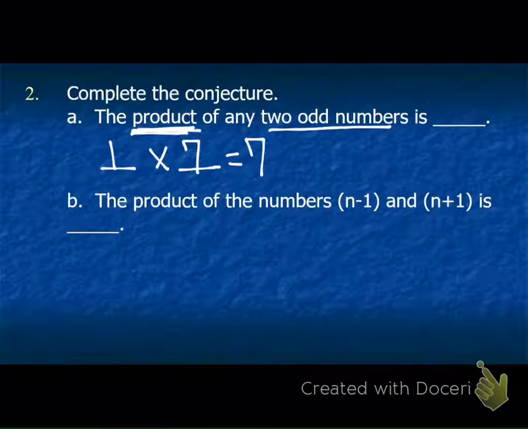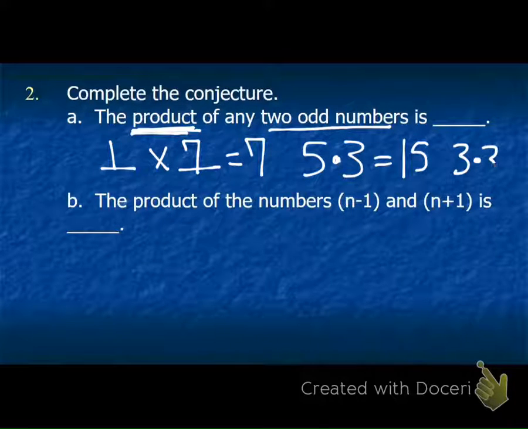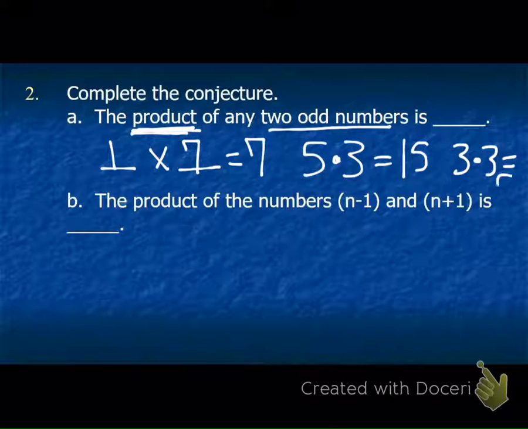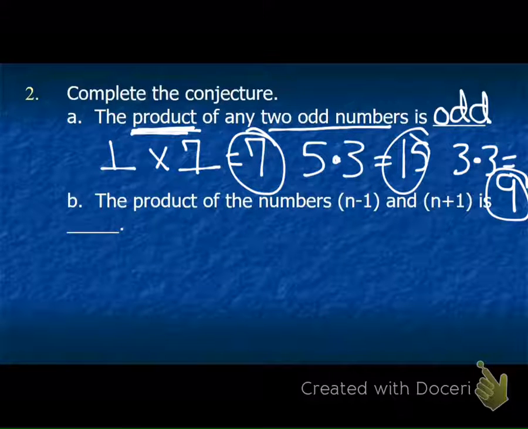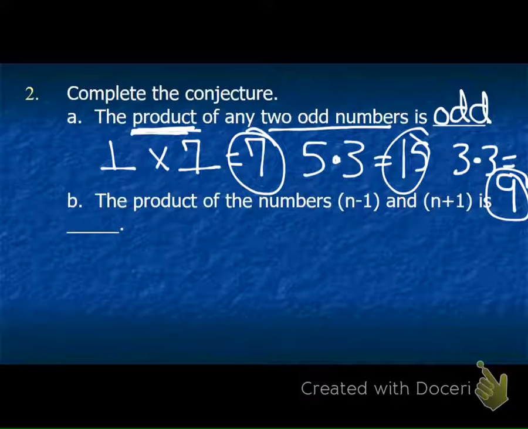Give me two more odd numbers. 5 and 3 equals 15. Jalen, what'd you say? 3 and 3. Okay, what do you notice about all of these answers? They're all odd. Okay, so write one of those down: 3 times 3 equals 9, or 5 times 3 equals 15. The product of any two odd numbers is odd.